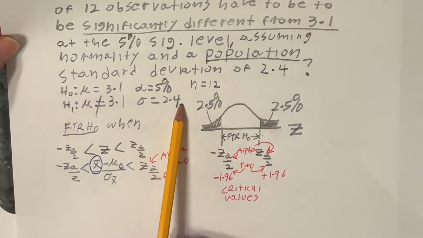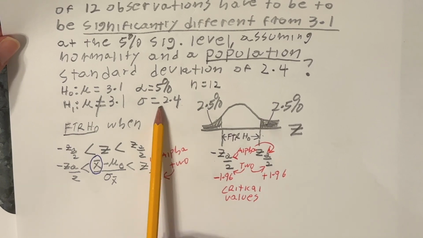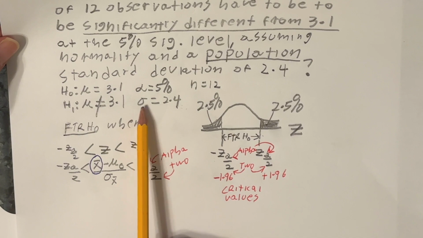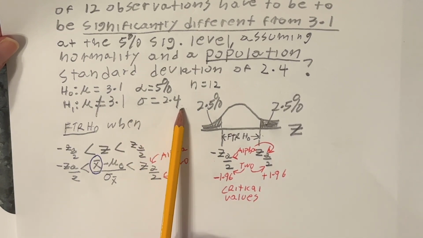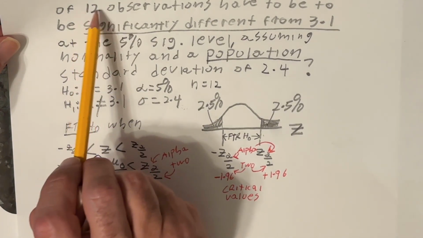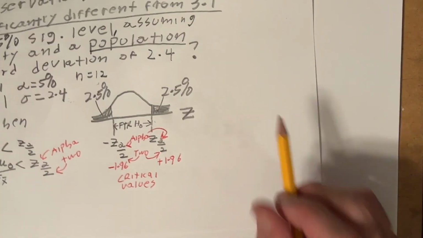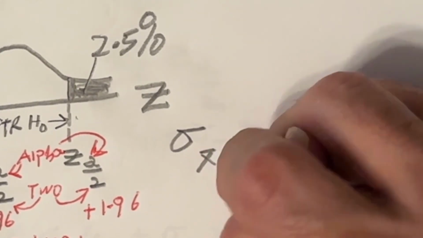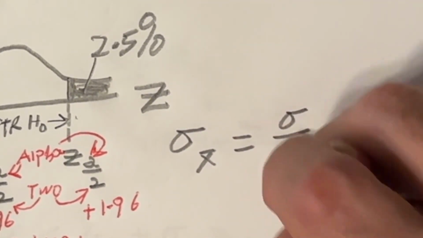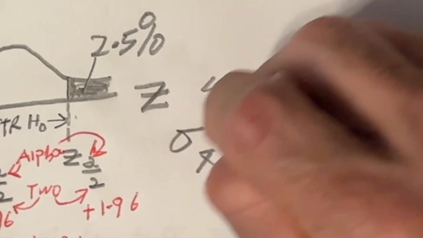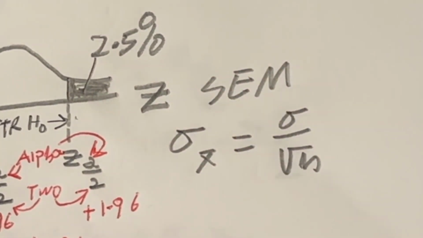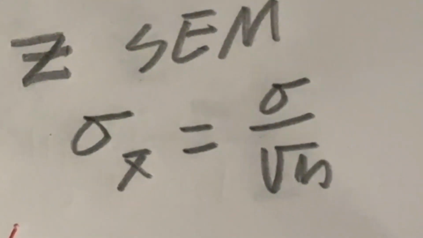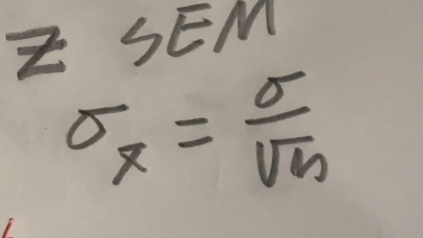Well, the standard deviation is 2.4, and the standard error of the mean, sigma sub x bar, is always sigma divided by the square root of n. But what is n? 12, right? Now I'm going to write that down for you. So sigma sub x bar is always equal to sigma over the square root of n. This is called the standard error of the mean. And that's what we're going to use.